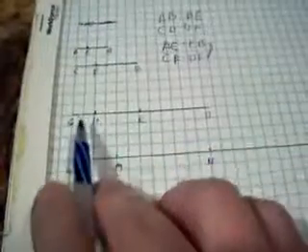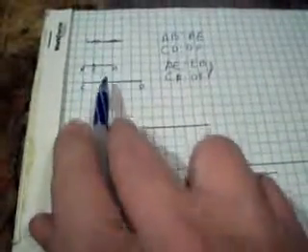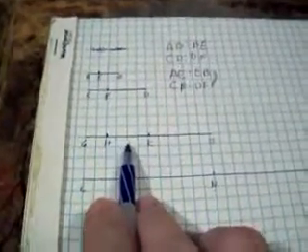Therefore, GK is the same multiple of AB as LN is of CD. Well, GK, right here, is the same multiple of AB. It's twice as long as LN of CD. LN, of course, is twice as long as CD.